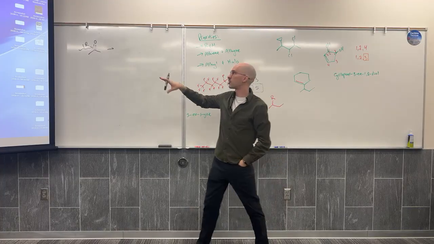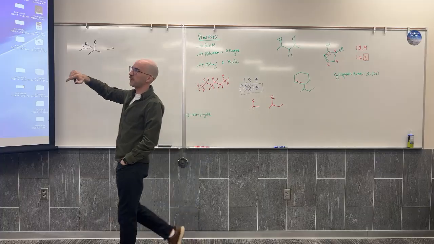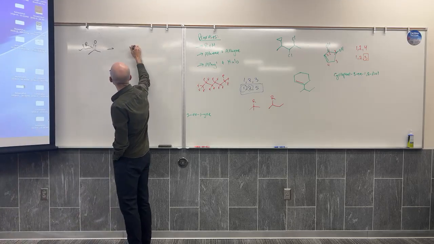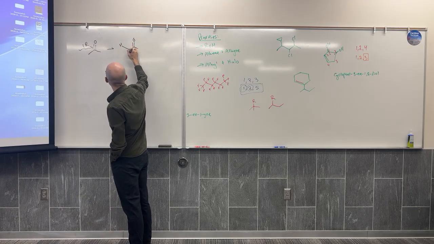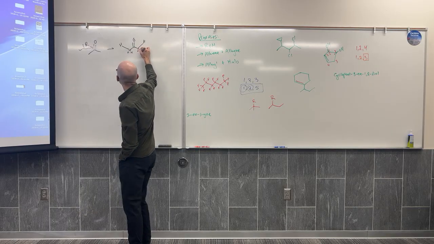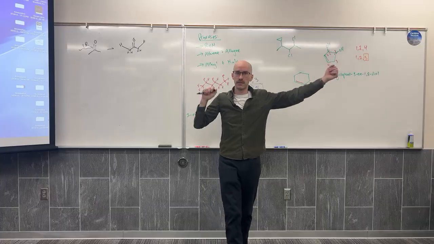So if we shoot IR light, and specifically this high frequency range, we're going to see that the CO double bond doesn't do much. But the CH bonds start stretching.